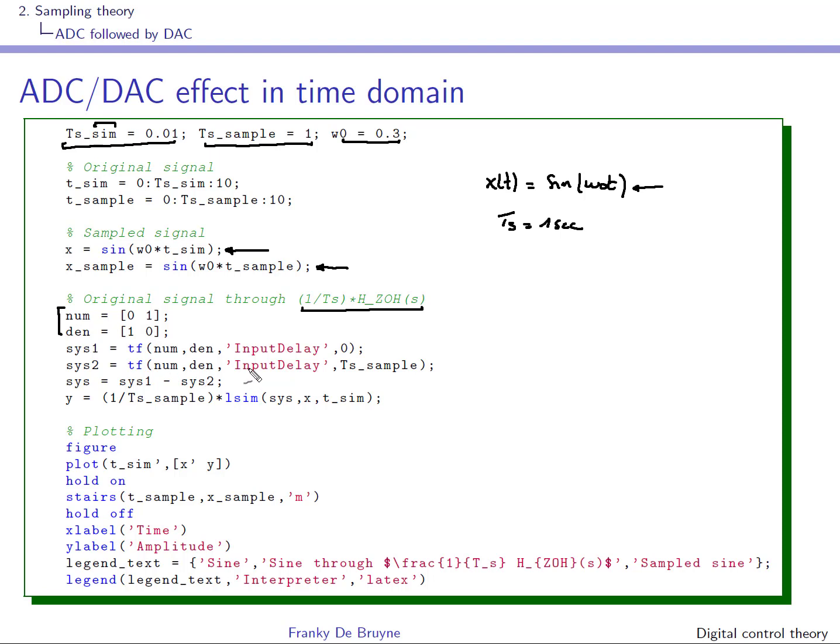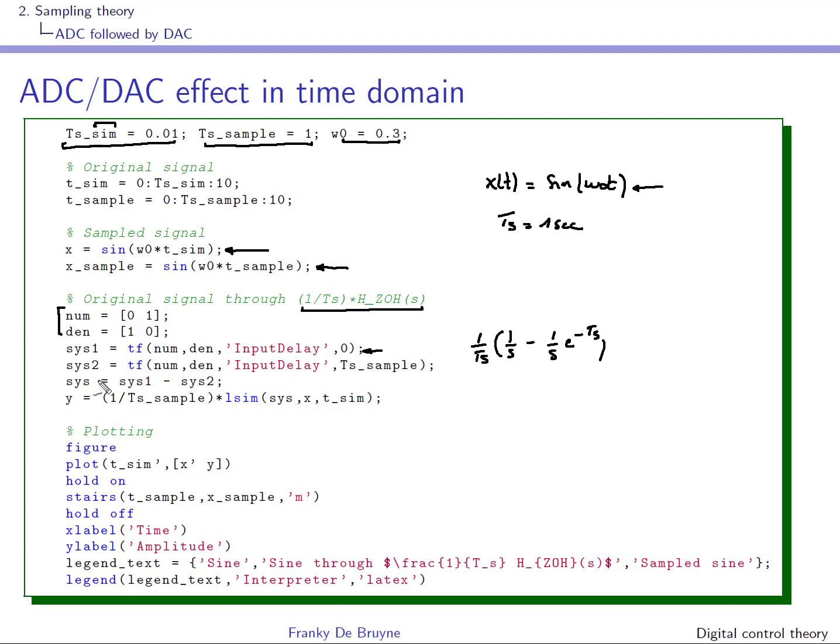Remember that this is 1 over s minus 1 over s e to the minus Ts s, times 1 over Ts. This one simply models a system that is just an integrator. This is the integrator with the delay. We take the difference and then we multiply by 1 over Ts.